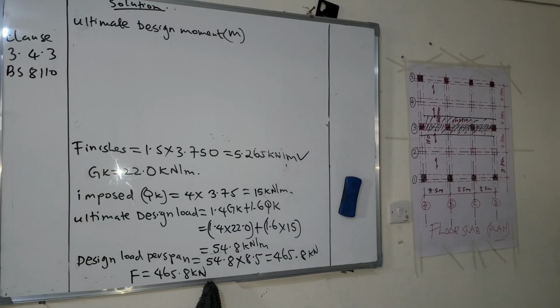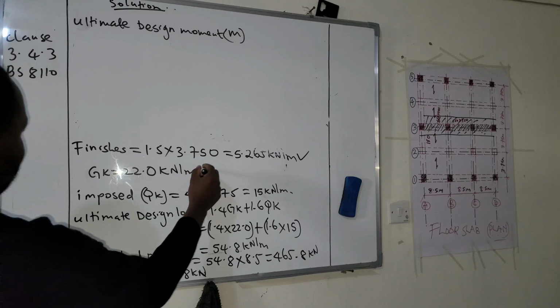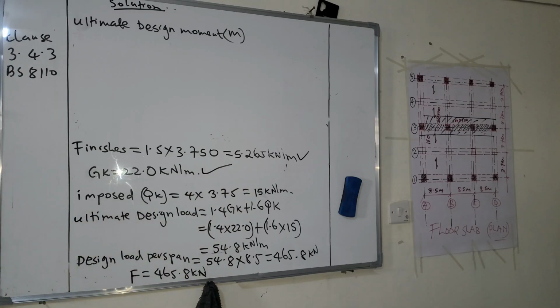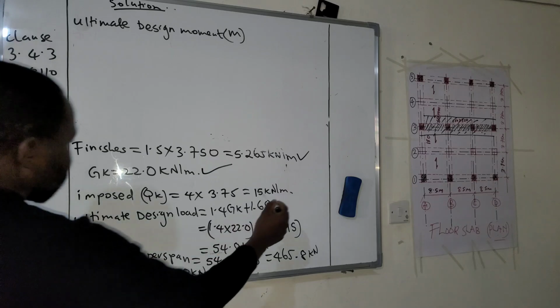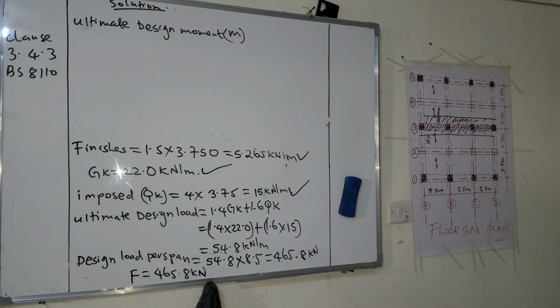So this clause states that the GK must be greater than QK. So our GK here is 22.0 kilonewton per meter, and our QK is 15 kilonewton per meter. Therefore, condition number 1, okay.